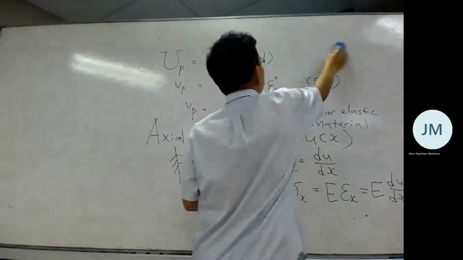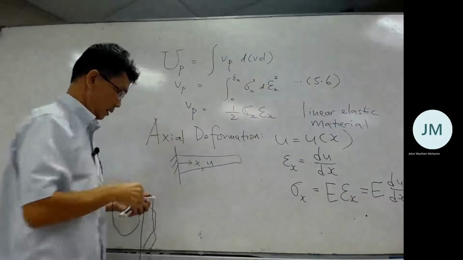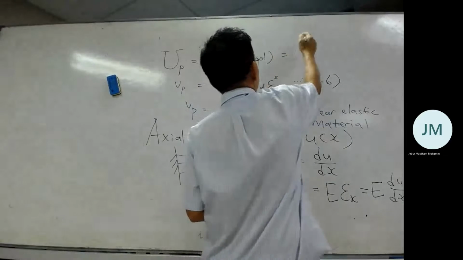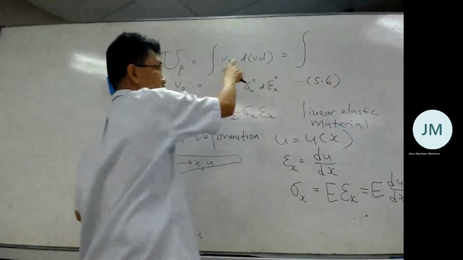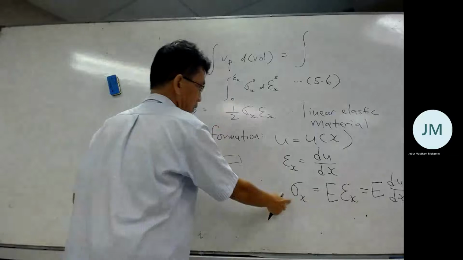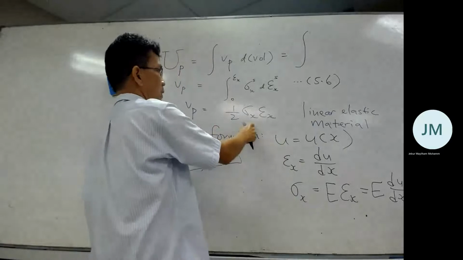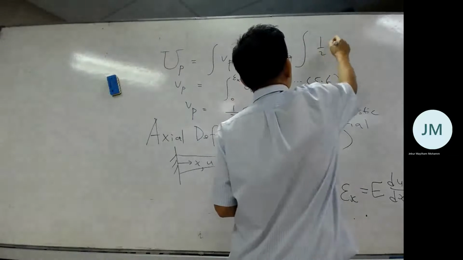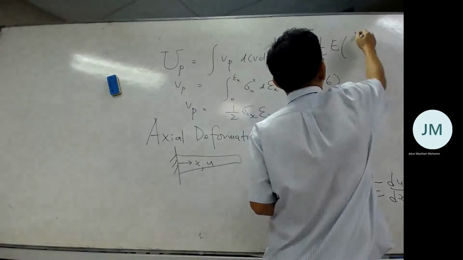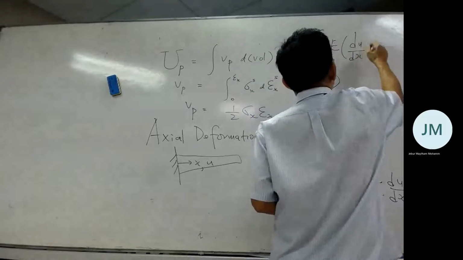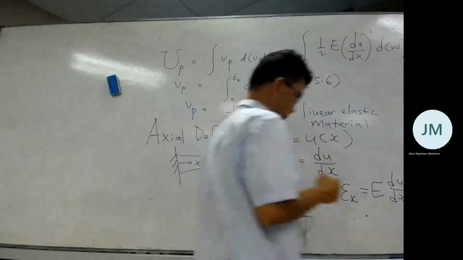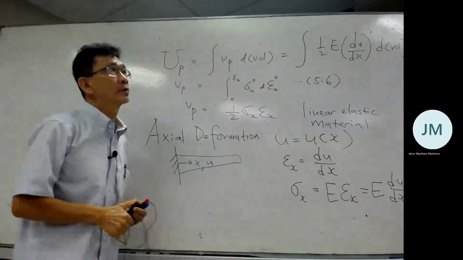We put it here: integration over the volume first. Consider this and this into here. So I have half E, du dx appearing twice, d volume. At this stage it is still d volume.